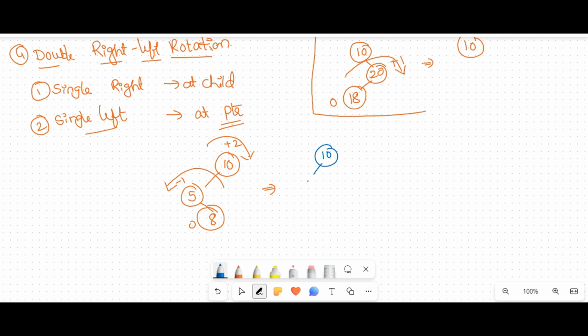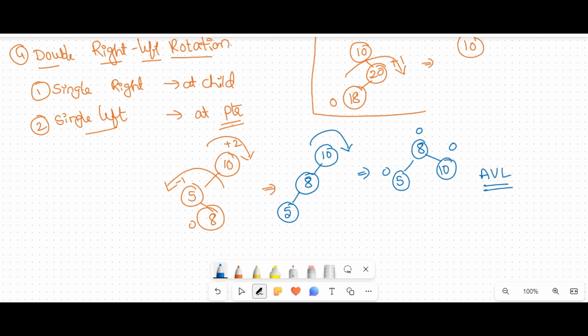So 10, here it is 8, here it is 5. For the resultant tree, not for the original tree, apply single left rotation. Then the tree is 8, 10, 5. Find out balance factors, which is an AVL tree.